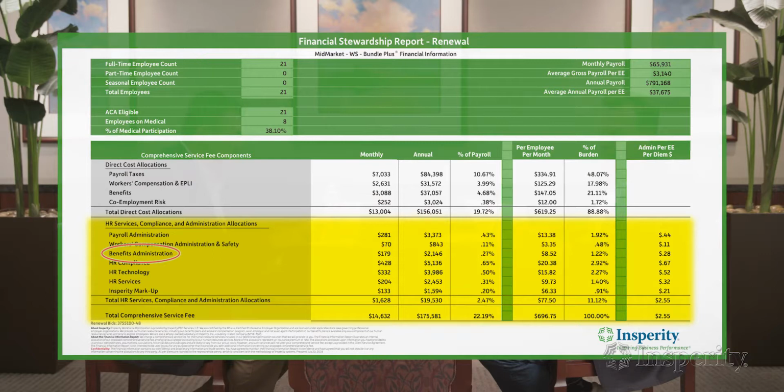So the next area that we're going to talk about in the administration fee area is benefits administration. $8.52 is the monthly cost there, or 28 cents a day. Benefits administration would include the estimated cost of providing benefit services and benefits consulting. It would also include a cost associated with those folks that work in our call center. We have a call center that's available from 7 a.m. to 7 p.m. Central Time.